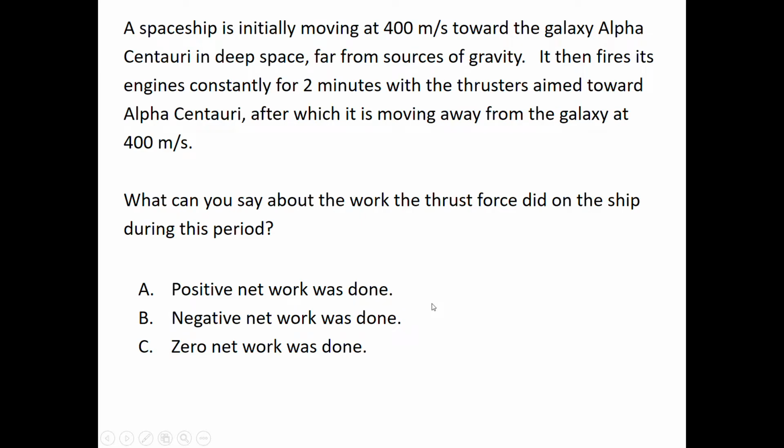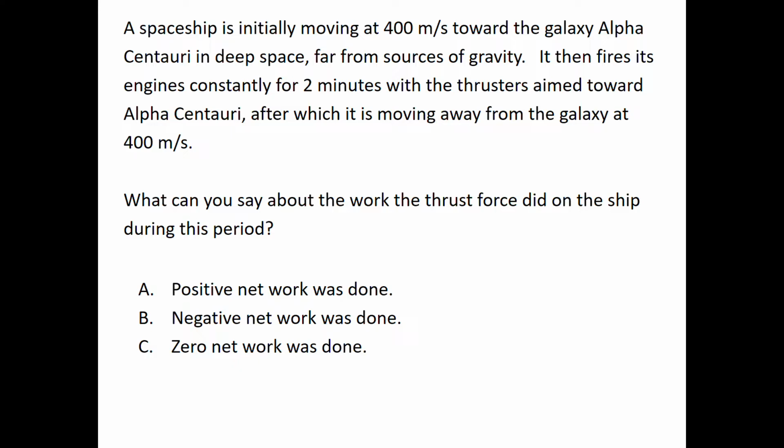Second question. A spaceship is initially moving at 400 meters per second toward the galaxy Alpha Centauri in deep space. There's no sources of gravity there, so the only force that's going to act on the spaceship is when it fires its thrusters. We'll imagine the spaceship is initially aimed away from Alpha Centauri, and it fires its thrusters constantly for 2 minutes with the thrusters aimed toward Alpha Centauri.